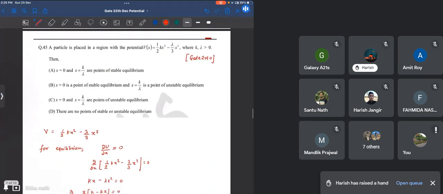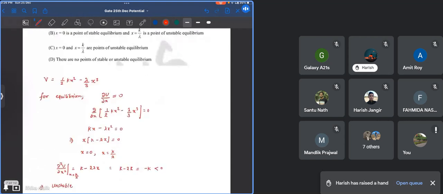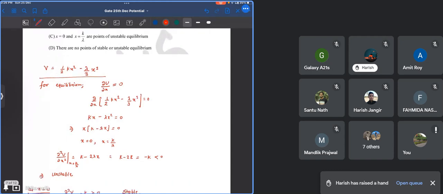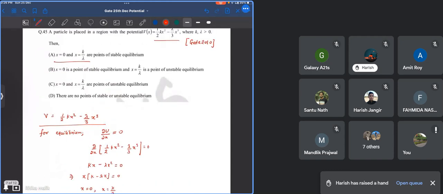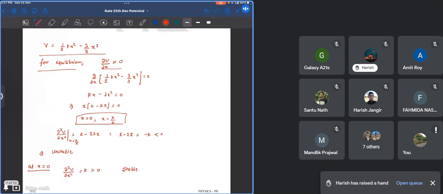Okay. So we will solve some GATE questions. For example, a particle is placed in a region where potential is given by this. Then we have to find what the equilibrium points are and whether they are stable or unstable. So we are given a potential like this, and we just calculate the equilibrium position by putting del V by del x equals to 0. From there, we will obtain 2 points, x equals 0 and x equals k by lambda.